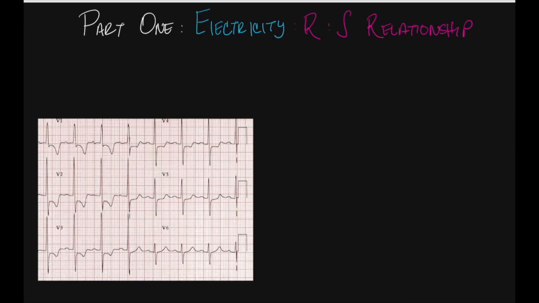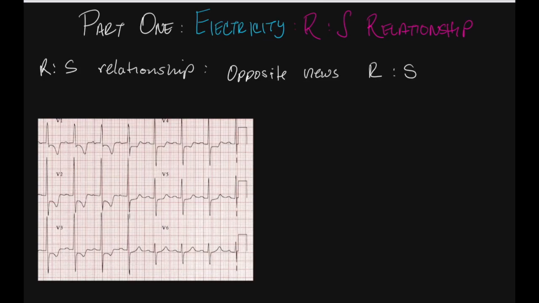And I've mentioned it a few times, but we should probably explicitly talk about it. There's this idea of this RS relationship in the heart, or in the 12 lead, I should say. In opposite views, the R wave and the S wave are the same wave. Right? And what do I mean by that?